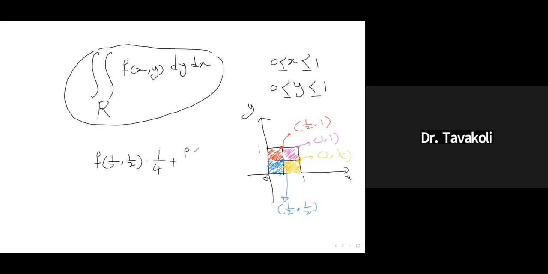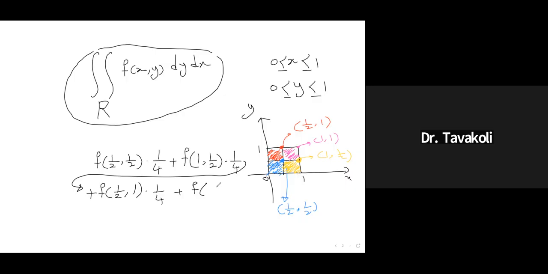I should evaluate f at (1, 1/2) and multiply it by the area of 1/4. I do the same thing for the others, so I continue here: plus f of (1/2, 1) times the area of 1/4, plus f of (1, 1) times the area of 1/4.